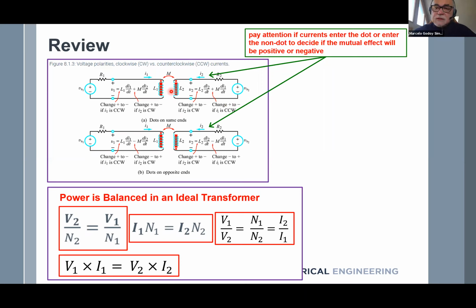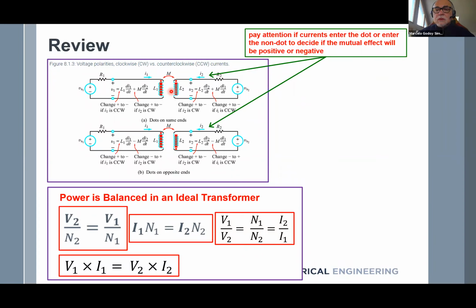A mutual inductance happens when you have two windings. The windings could be in air, so the flux lines are close to the air, or they could be in the same core. A transformer is made in the same core.